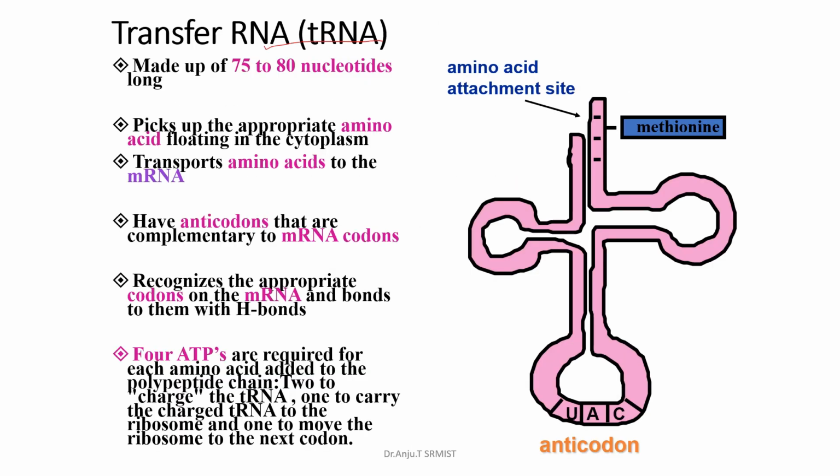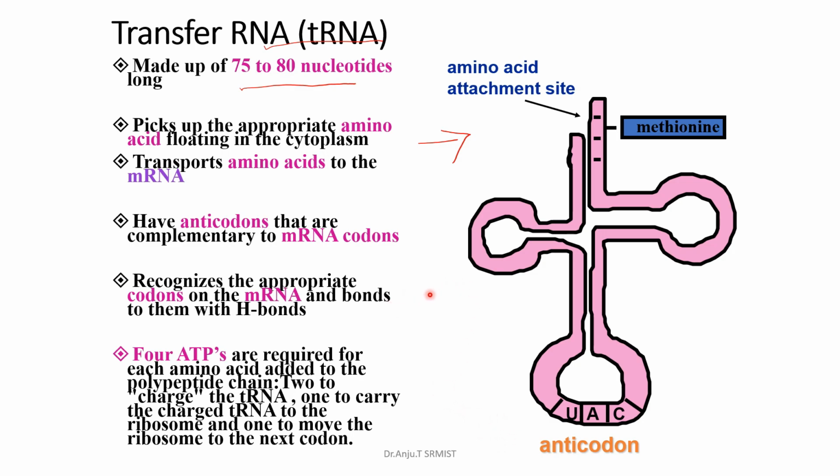Transfer RNA or tRNA is made of 75 to 80 nucleotides. They have a specific structure called the clover leaf structure because they have a structure very similar to that of a clover. In the clover leaf structure, it has a site where the amino acid will be attached, and it has an anticodon, a site where this anticodon will recognize the appropriate codons on the mRNA and bond by forming hydrogen bonds.